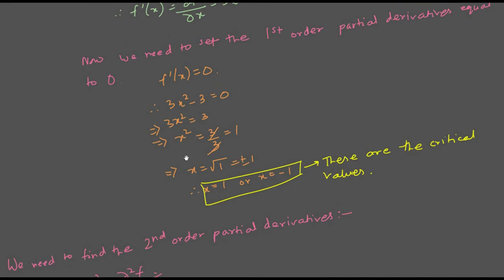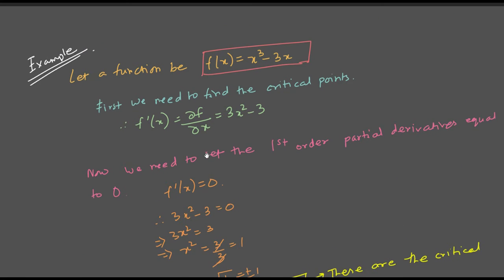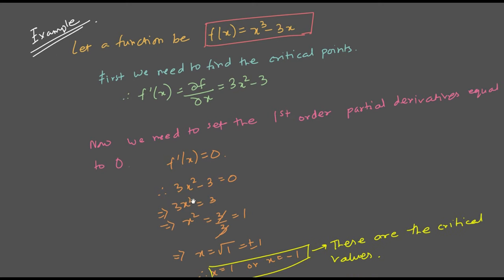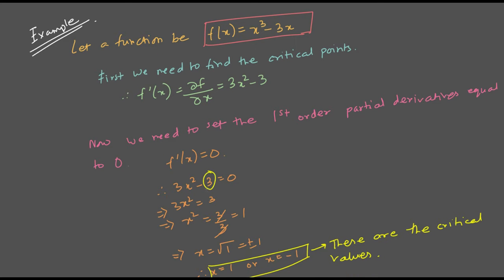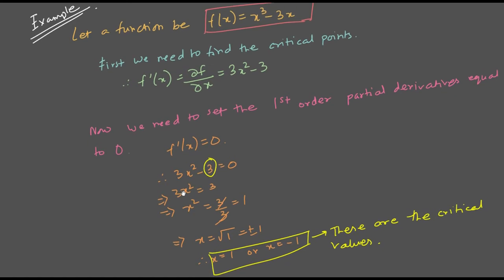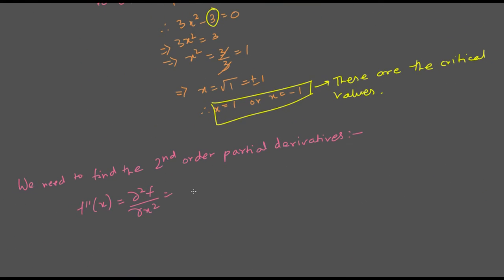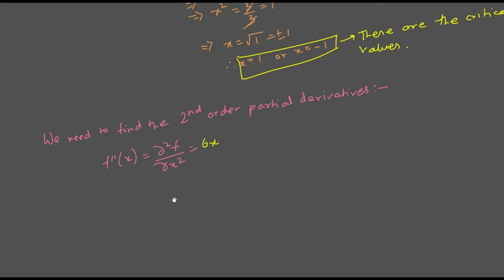We have got this function and we need to again partially differentiate it. As this is a constant, it equals 0, and we have 2 into 3 and x to the power 2 becomes x to the power 1, that is 6x, right?